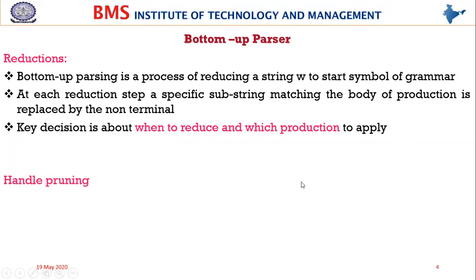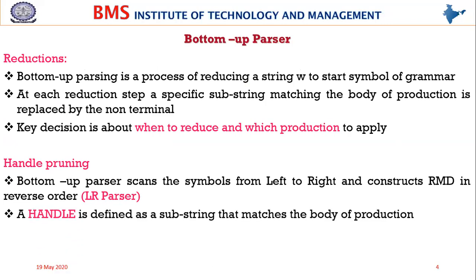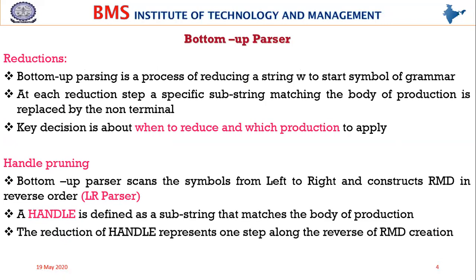Okay, handle pruning. As we are choosing a substring to replace it with a non-terminal, that's what is called a handle. So the entire exercise of the bottom-up parser is to choose a handle. It may be a substring or it may be an entire string, whatever it may be, but it should match a production.